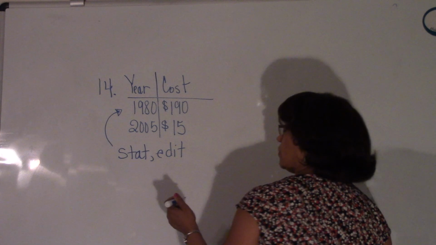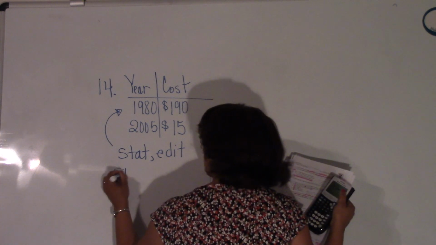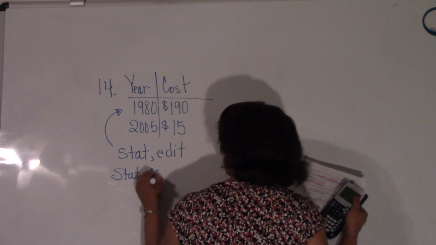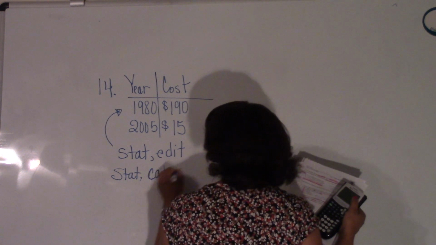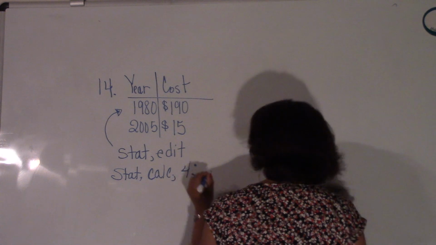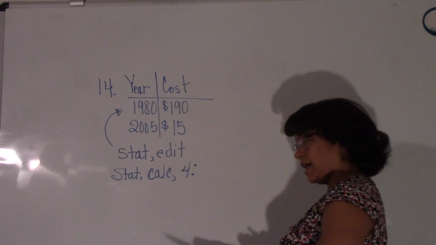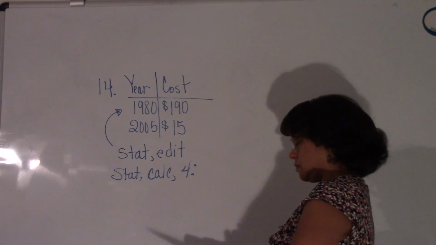Now we want to get our linear regression equation. Stat, calc, what number? Right, 4 is linear regression, so we're going to go to number 4, stat calc, number 4 on the TI-84, 84 Plus, or 84 Silver.